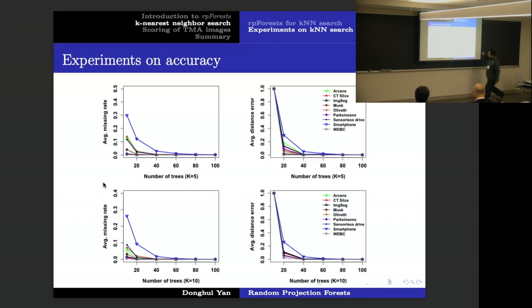At around 40 or 60 trees, the missing rate quickly decreases to 0, for all those different data sets. And these two are for the distance. The distance quickly converges to the distance you get by brute force.